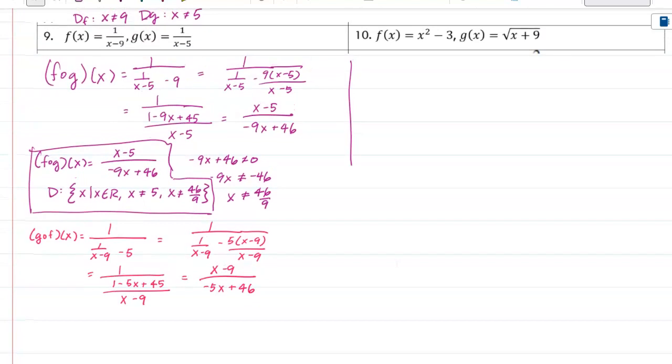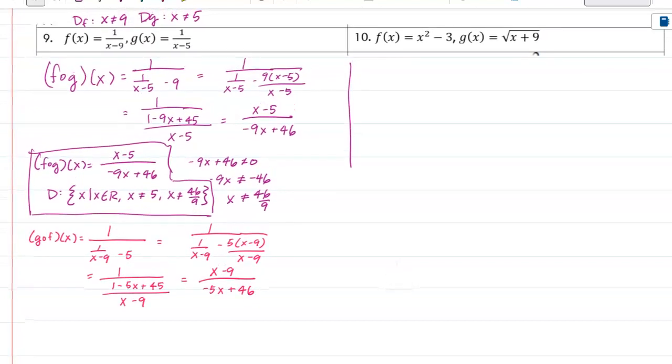Okay, so the domain is going to restrict the input function's restriction, which is 9. And also the denominator, negative 5x plus 46, cannot be 0. So x cannot be 46 over 5.